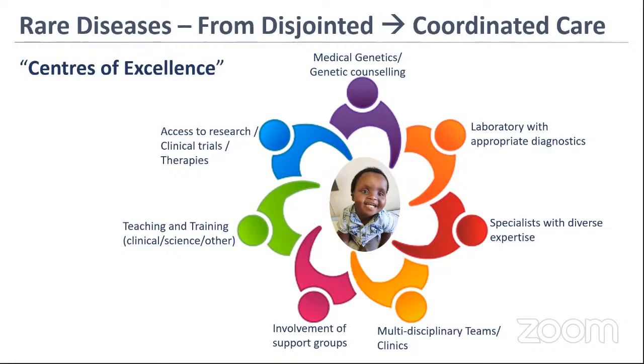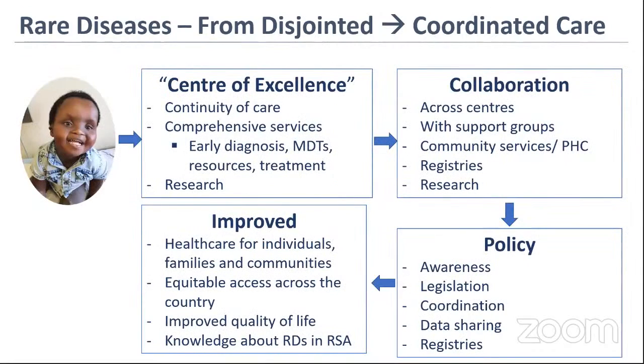And I'm talking about medical students, but this goes across healthcare workers, across community workers, potentially, in order for us to be able to get to where we need to be.